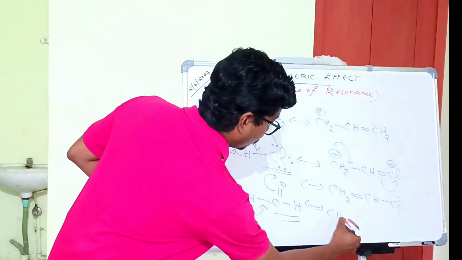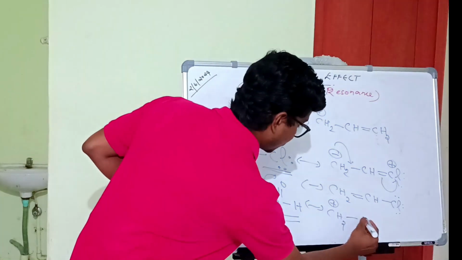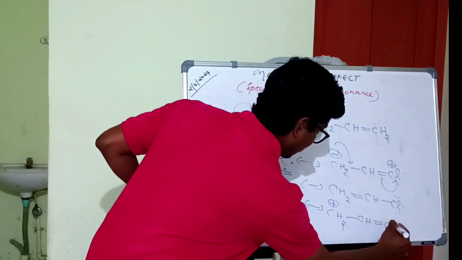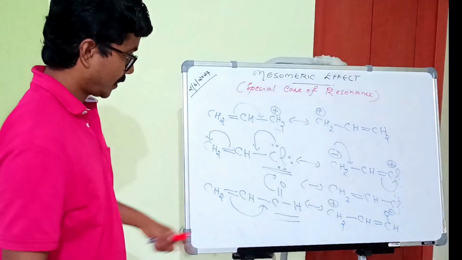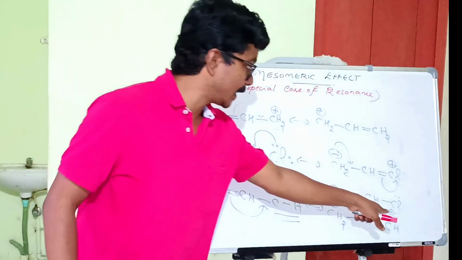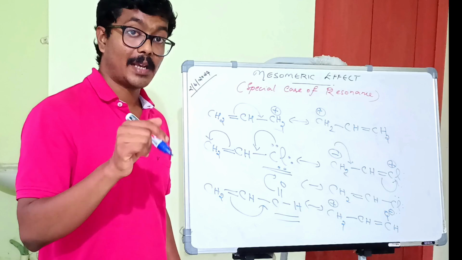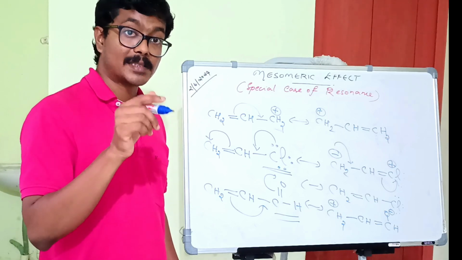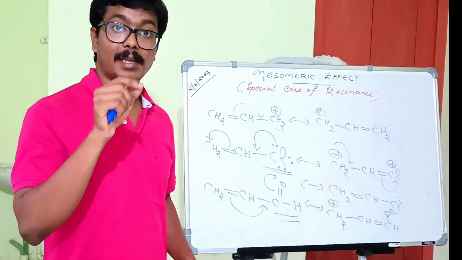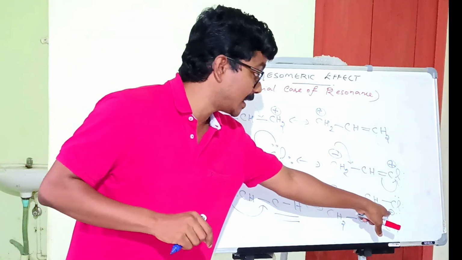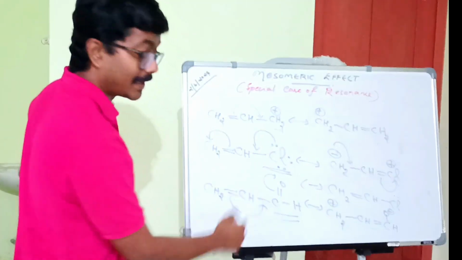So CH2 plus, CH double bond CH, CO minus. The negative charge is carried by the more electronegative atom. That is a rule we discussed in the resonance chapter: in a resonating structure, the negative charge will be carried by the more electronegative atom. So here the negative charge is carried by oxygen. This is the resonating structure of this aldehyde.